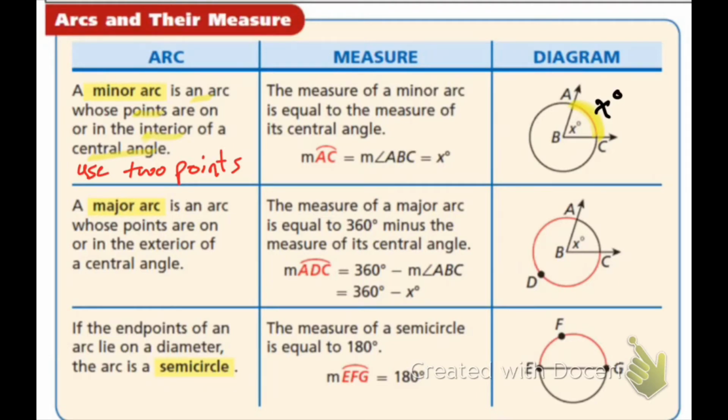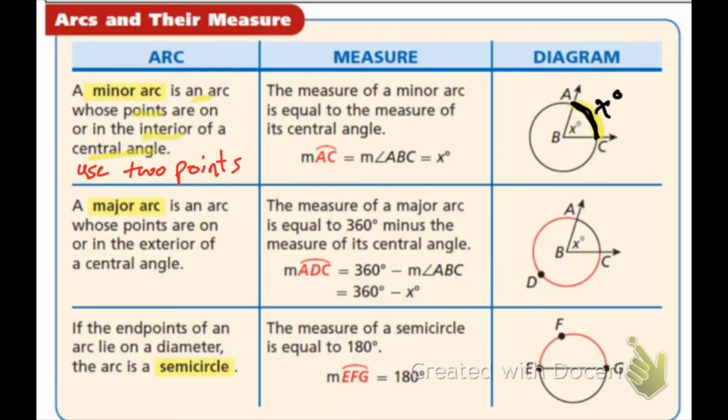The central angle and the arc measurement are equal to each other. Remember, there's 360 degrees in a circle, so when we take the arc measurement, we're just taking a portion of that 360. So that's how we measure that.